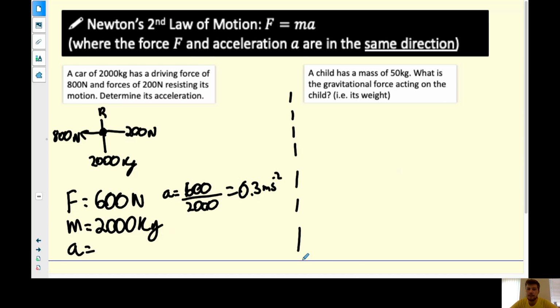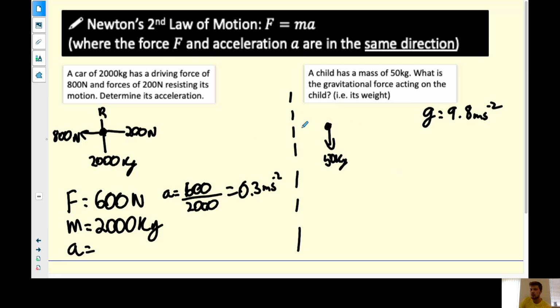Okay. On the right-hand side then, a child has a mass of 50 kilograms. What is the gravitational force acting on the child? We should note that gravity in this scenario is 9.8 meters per second to the minus 2, and it would typically be negative. However, the motion that this force is acting is going to be downwards. So therefore, we're just looking at this 50 kilograms being its weight.